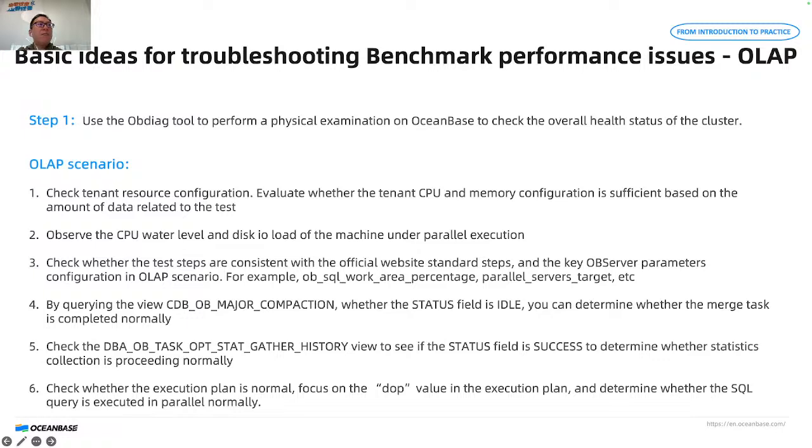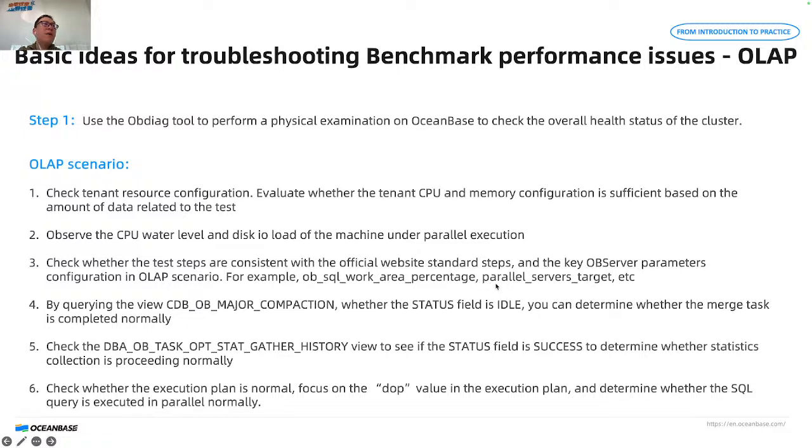The third one, check whether the test steps are consistent with the official website standard steps and the OB server's parameter configuration in OLAP scenarios. For example, here we have two parameters.